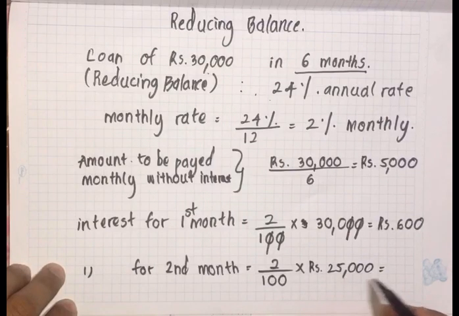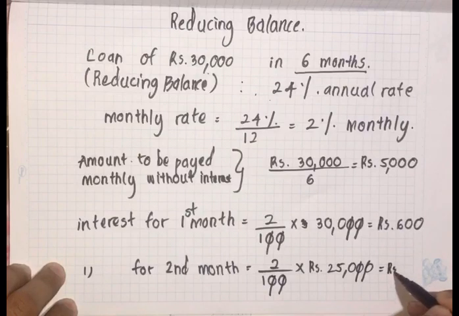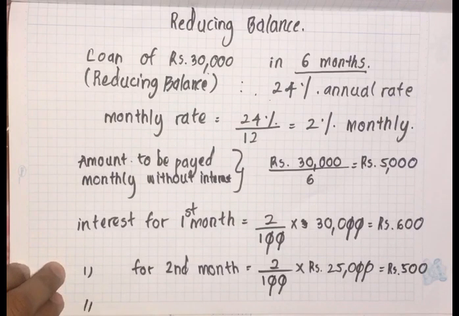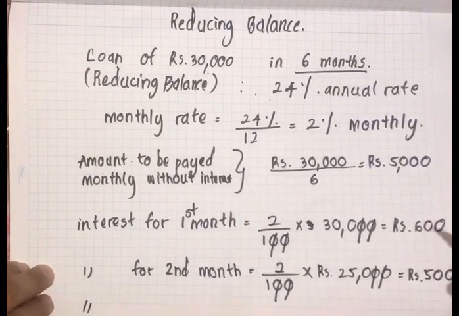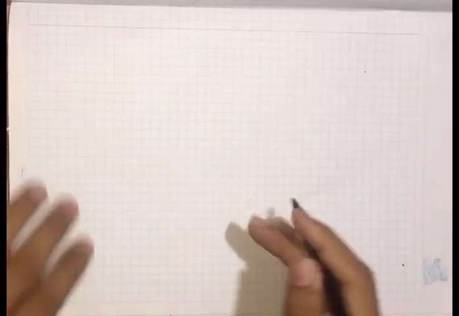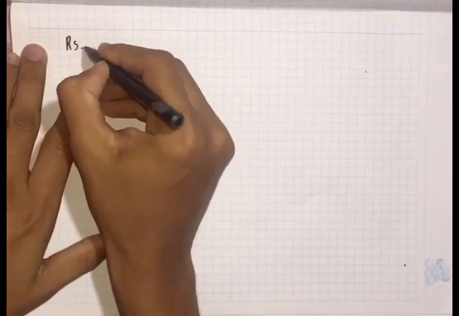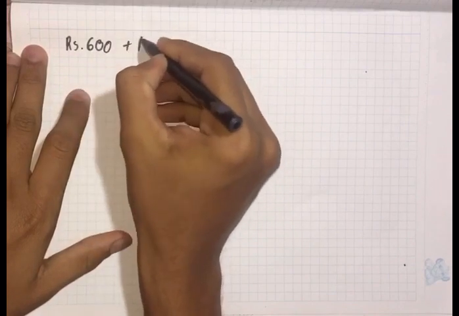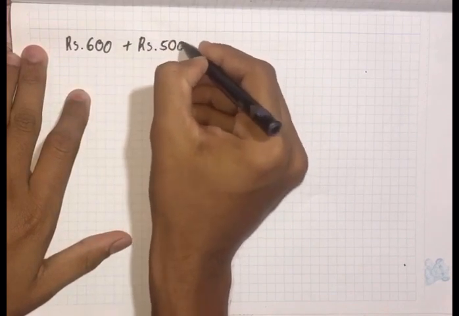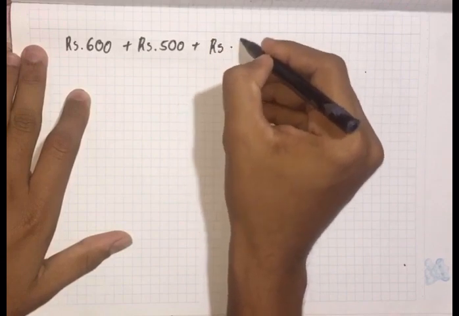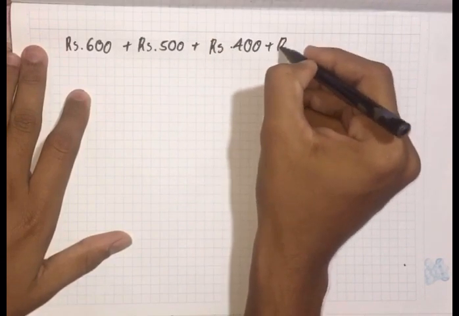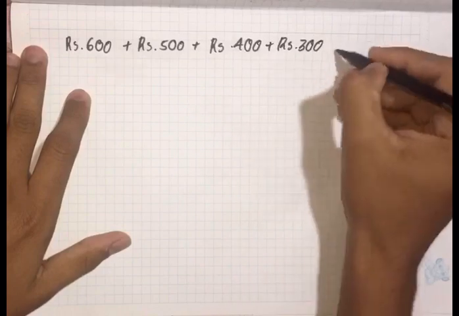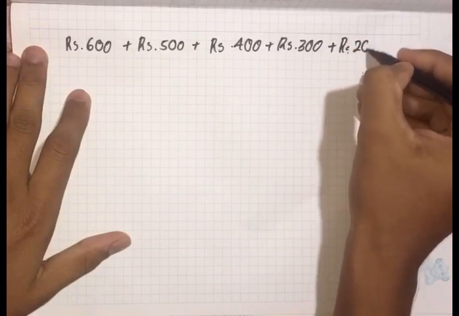Now see, the amount will decrease. Therefore you have it's 500. Understand? Now if you keep on solving for each of these, you will be getting first 600 and then 500 plus 400 and then 300, 200 and 100.